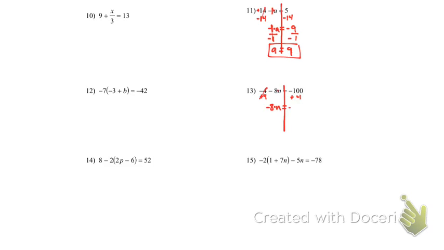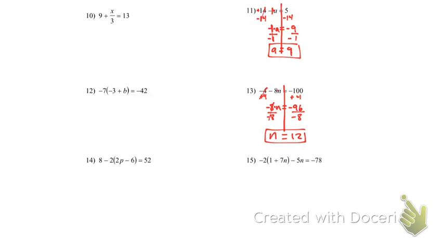Equals negative 96. Okay. And now to isolate the n, we want to divide by negative 8 because it's multiplying. So divide by negative 8. To do to one side, do to the other. And n is going to equal positive 12.